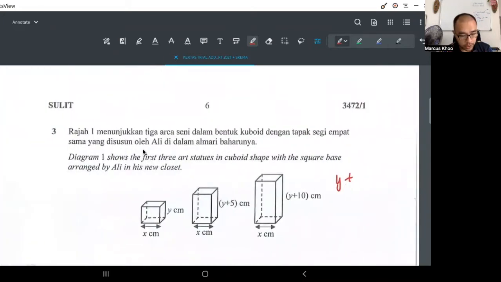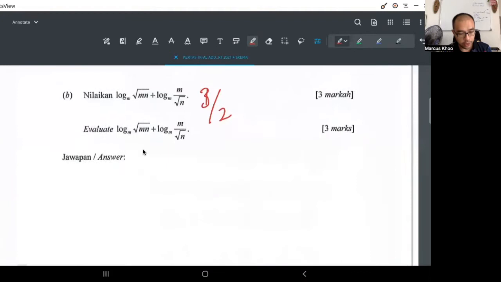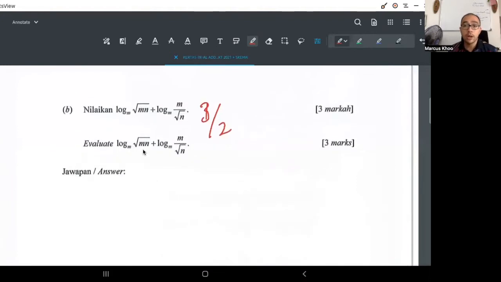Okay, question. Oh, sorry, is there a question B? Okay, question B. Evaluate log m root mn plus log m over root n. First of all, notice that both of these are log m, and there is a plus over here.